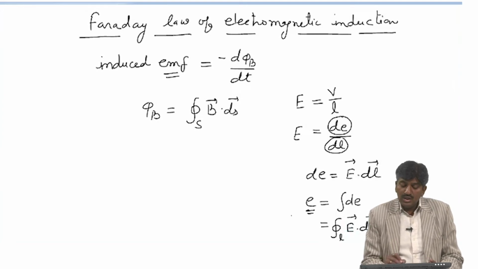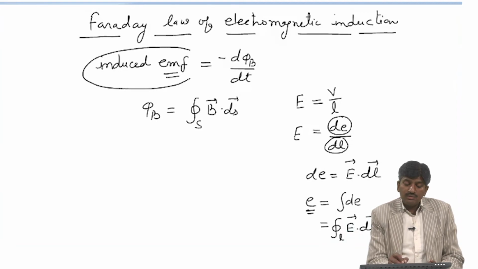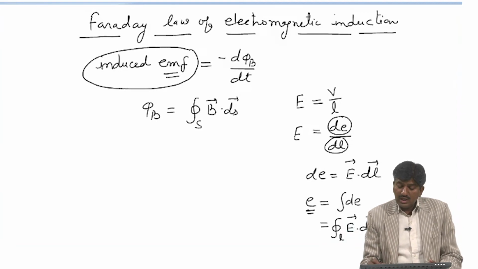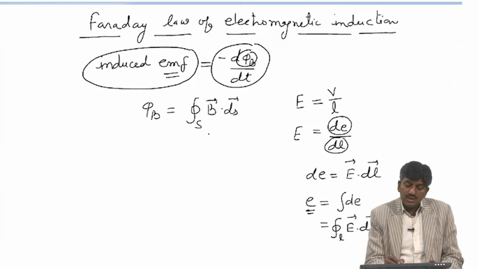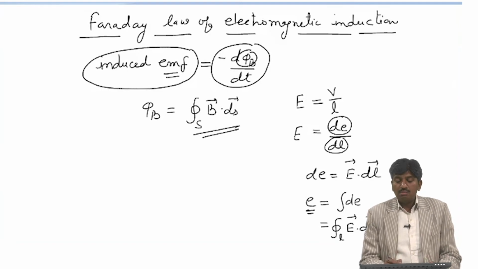This is the induced EMF, and we can replace this induced EMF by this line integration of electric field, and that should be equal to minus d phi b upon dt, where phi b is equal to surface integration of magnetic field.